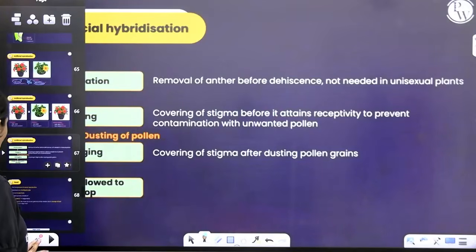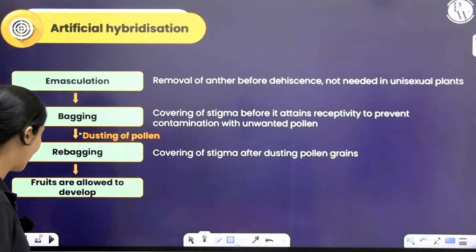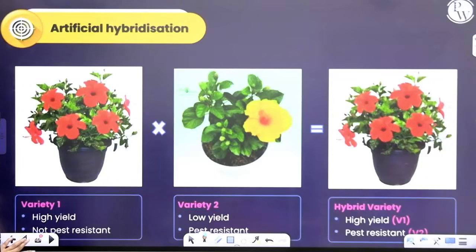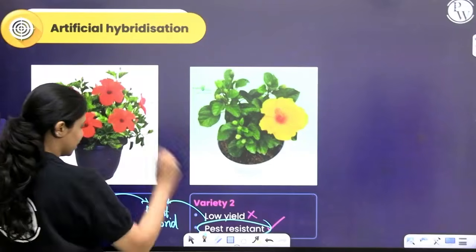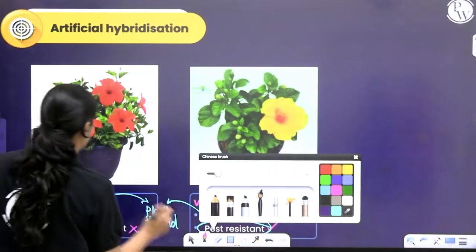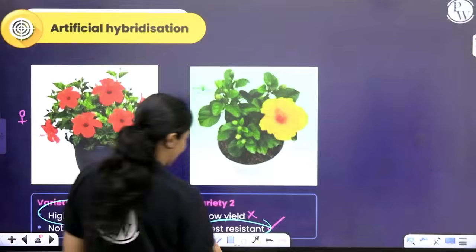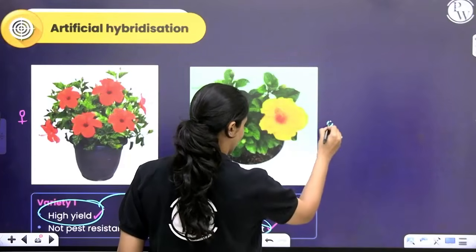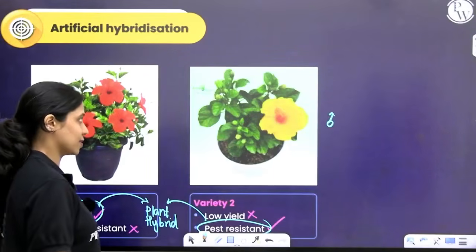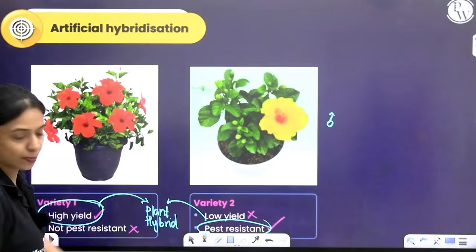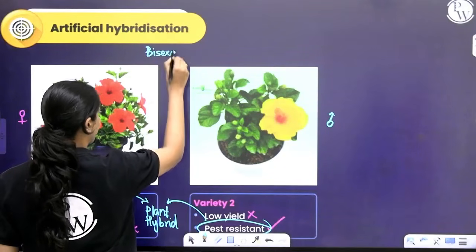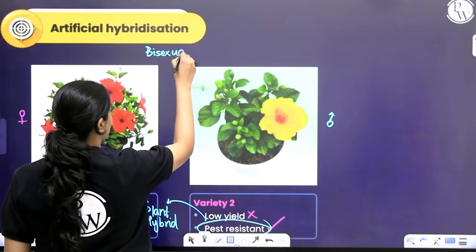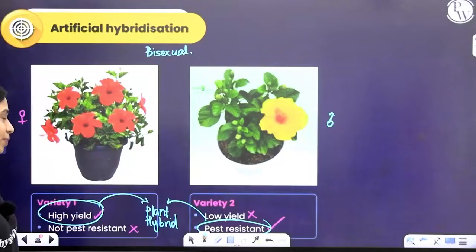First thing is I have to designate one plant as male and one plant as female. I will make this female. I will think of this plant as male. For my convenience, let's assume both of these plants are bisexual. That means in both of them the androecium and gynoecium will be present.